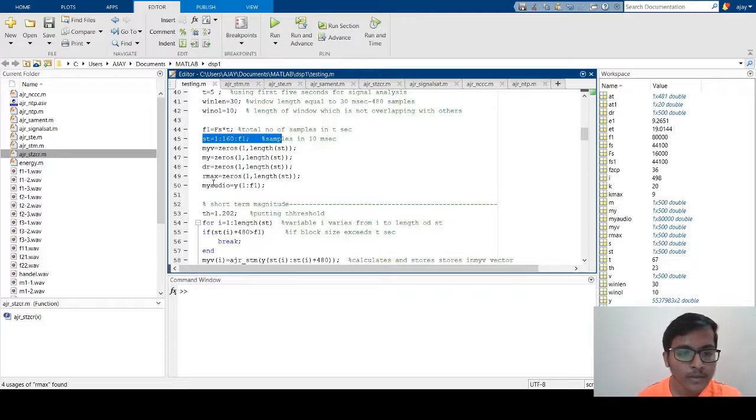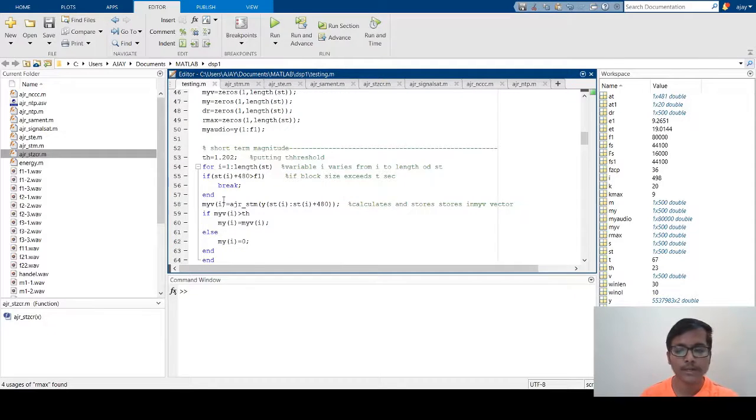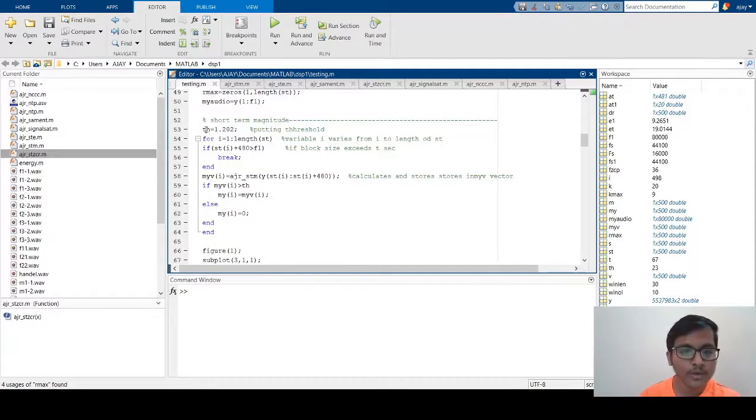Next, short-term magnitude. In short-term magnitude, I have taken this threshold. This threshold is taken after running the code, initially I didn't take a threshold. After running the code, I have taken the threshold as 1.202.